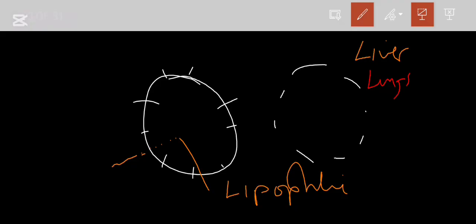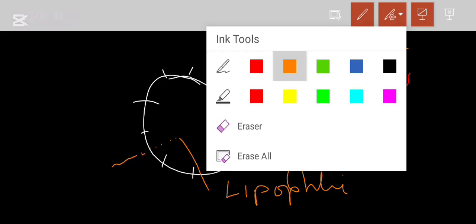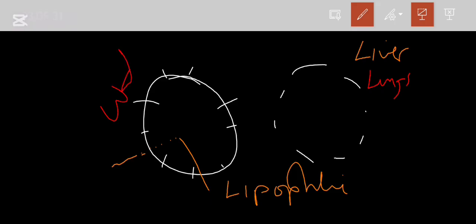Okay, so a lipophilic substance is more likely to move through. If it is a hydrophilic substance, it cannot pass. Water is going to be blocked because it is a hydrophilic substance.